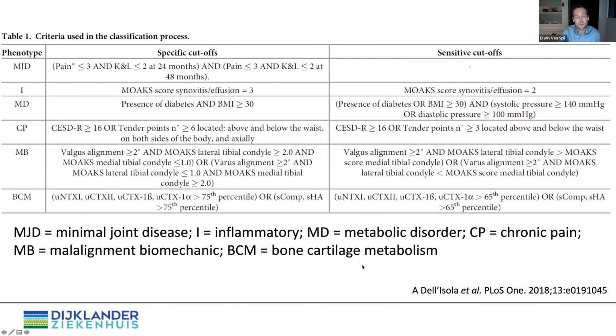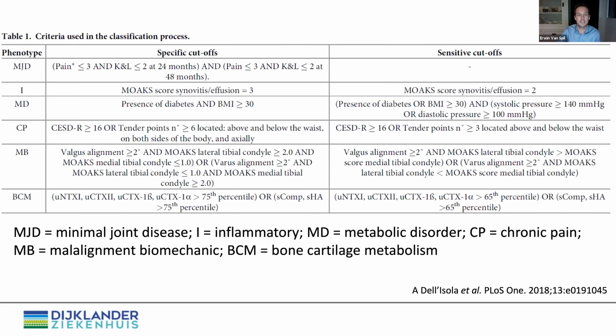They did this by doing a systematic review analysis first to look for phenotypes that were quite consistently reported or investigated. They came up with a minimal joint disease phenotype, inflammatory phenotype, metabolic disorder phenotype, chronic pain phenotype, malalignment or biomechanic phenotype, and a bone cartilage metabolism phenotype.